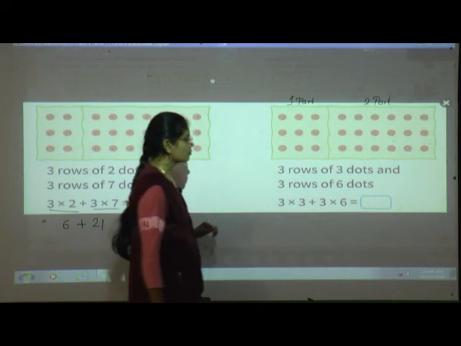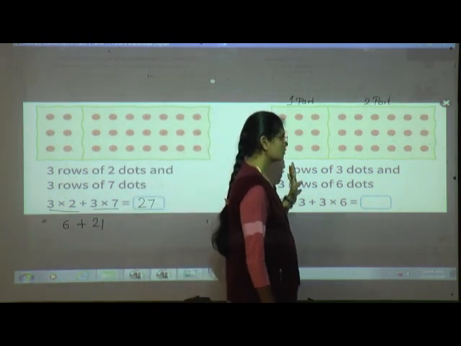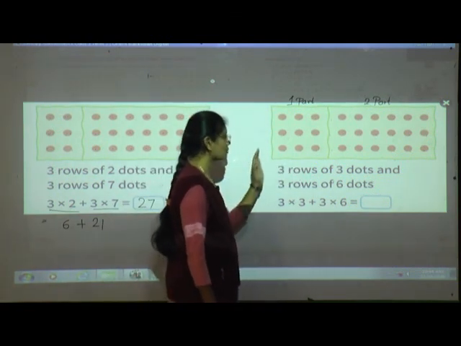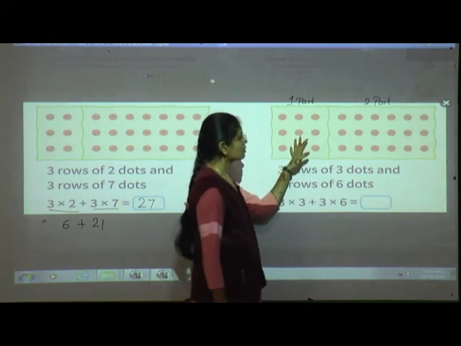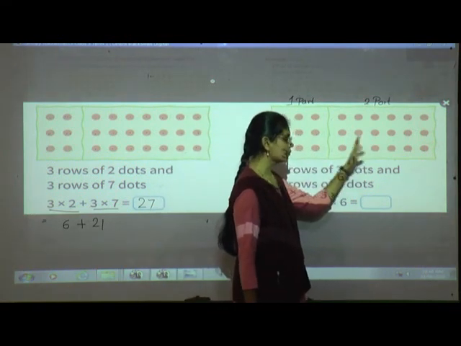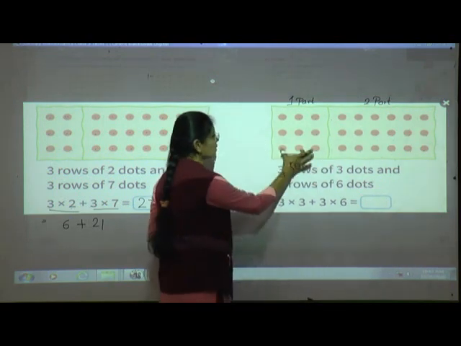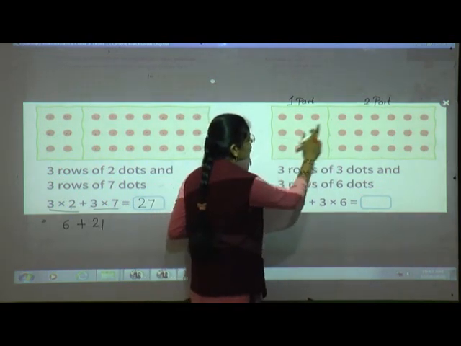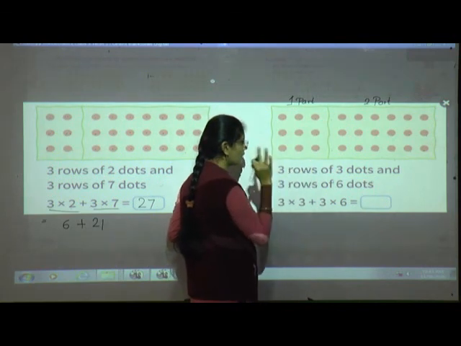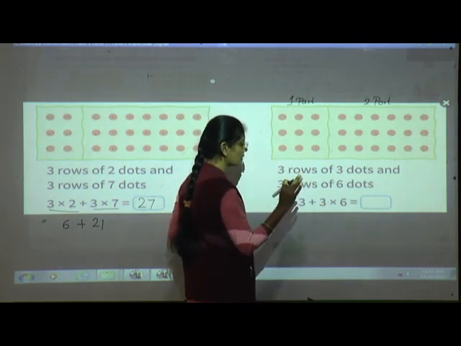Now we will move to the fourth box. See this box, fourth box. Here also in this big box there are 2 parts. This is first and this is second. Now see the first part only. How many rows can you see here? Yes, again here only 3 rows are there. Okay.